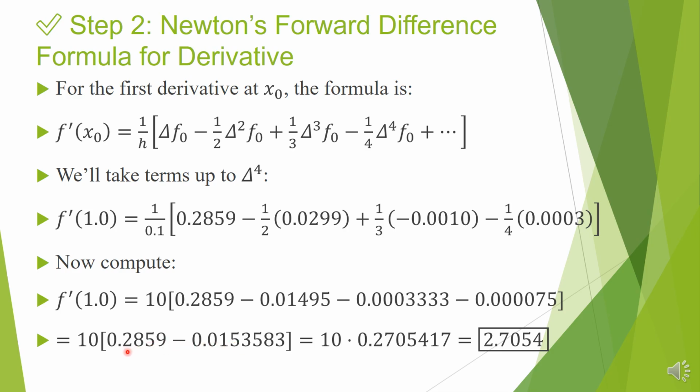Now you minus this number, then you get. You can see here the dot is shown for multiplication. Then 10 multiplied by this number, the final answer you get is 2.7054. The answer is f dash 1.0. Okay, take care.